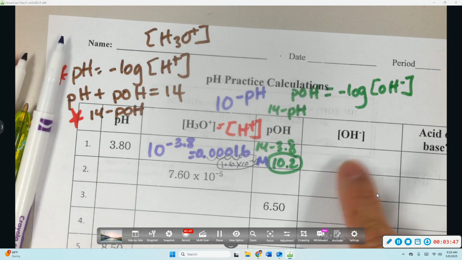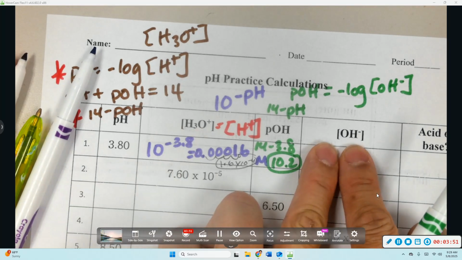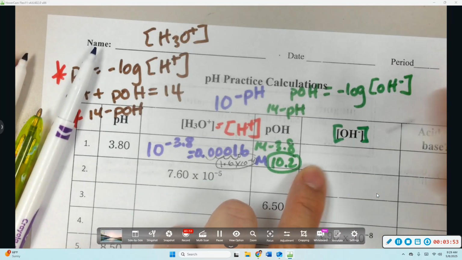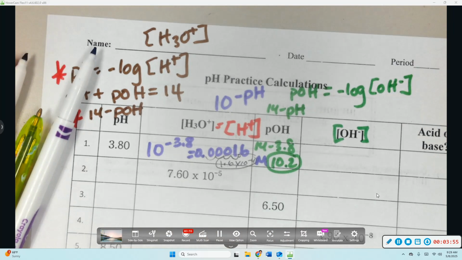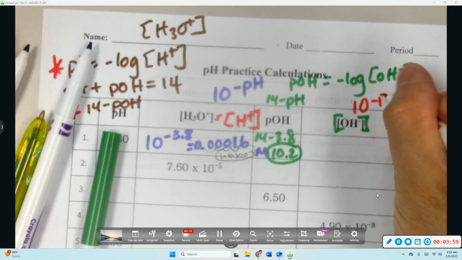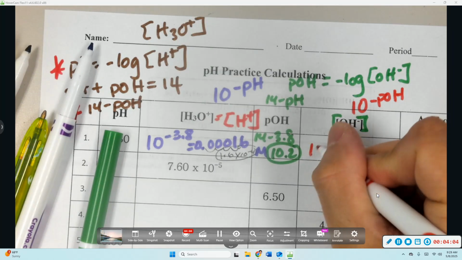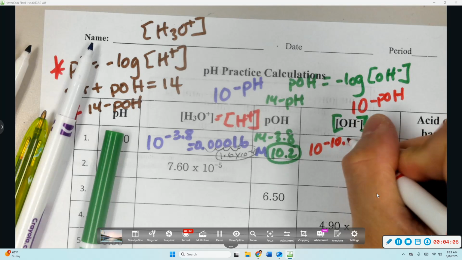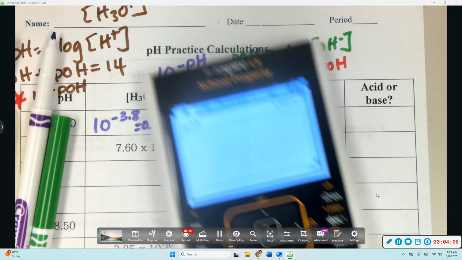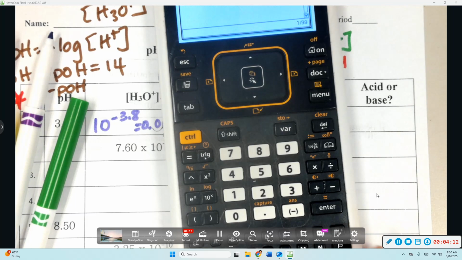To get the OH concentration, it's the antilog. Remember, these brackets tell you it's concentration. You take 10 raised to the negative pOH, and you'll get your OH concentration. So 10 raised to the negative 10.2. Conveniently, there's a button here, that's simply 10x right here.